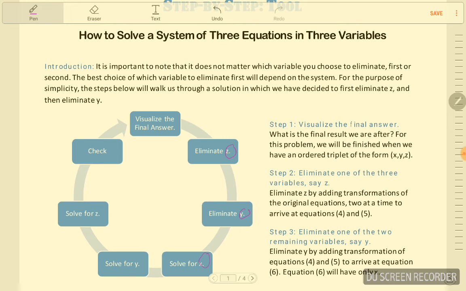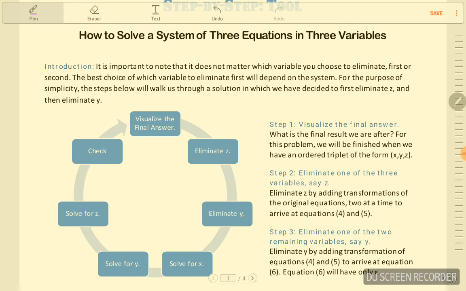For some systems, it'll matter which variable you get rid of first and second. You could have a really easy time of it if you make the right judgment call, or you could have a really lengthy, frustrating experience if you make the wrong judgment call.